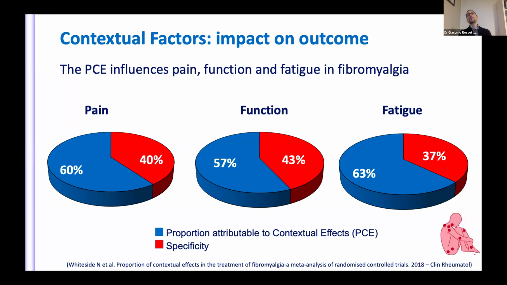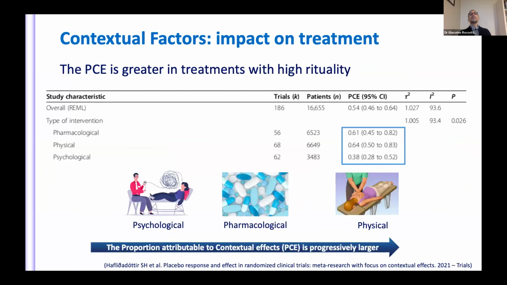And the data I have shown you are just examples. I believe that progressively more and more systematic reviews will move in this direction in quantifying the effects of contextual factors in different clinical conditions, considering different types of outcomes. We also have data for the proportion attributable to contextual effects about treatments. For example, in this meta-research, the proportion attributable to the contextual effects of different treatments was evaluated.